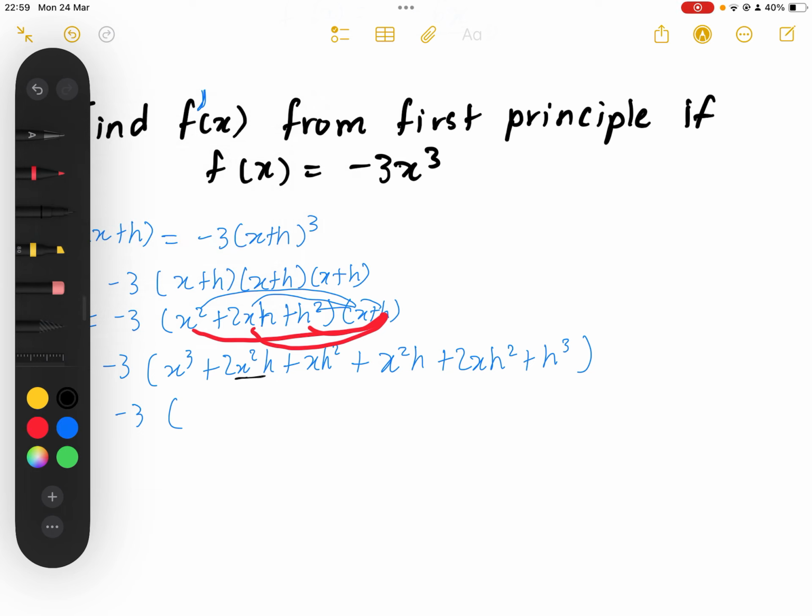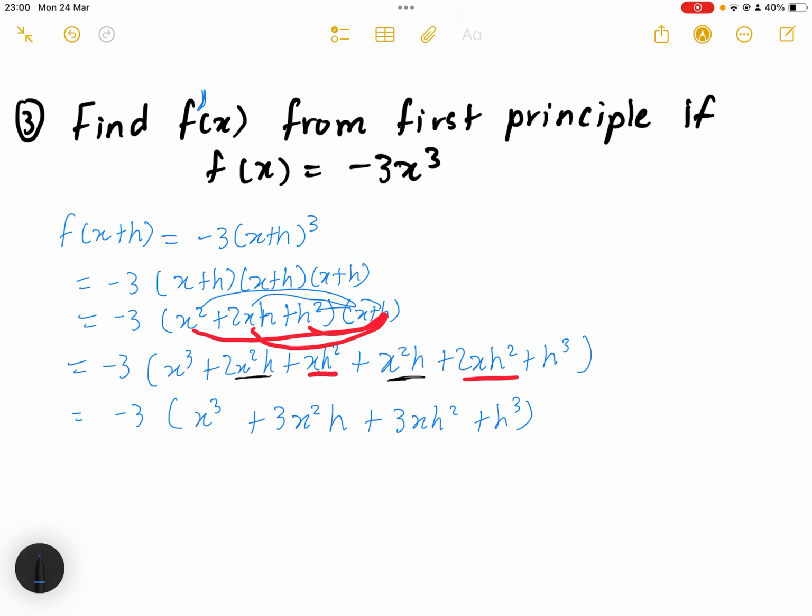Here there's x squared h, and x squared h also here, so that gives us x cubed plus 3x squared h, and then we also have xh squared and xh squared, so that means we have 3xh squared plus h cubed.